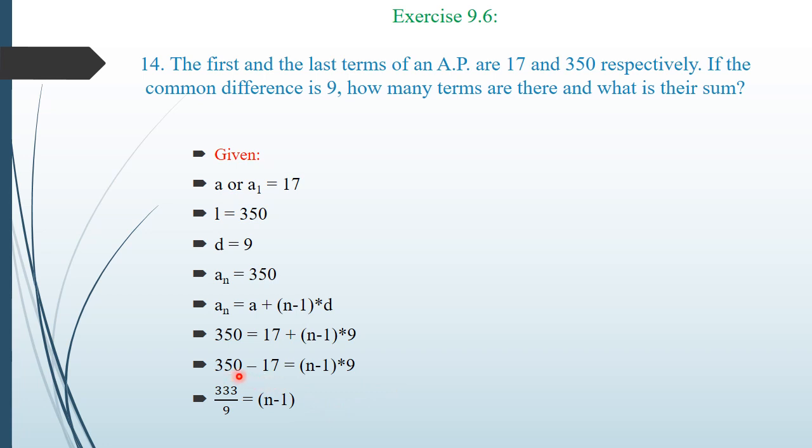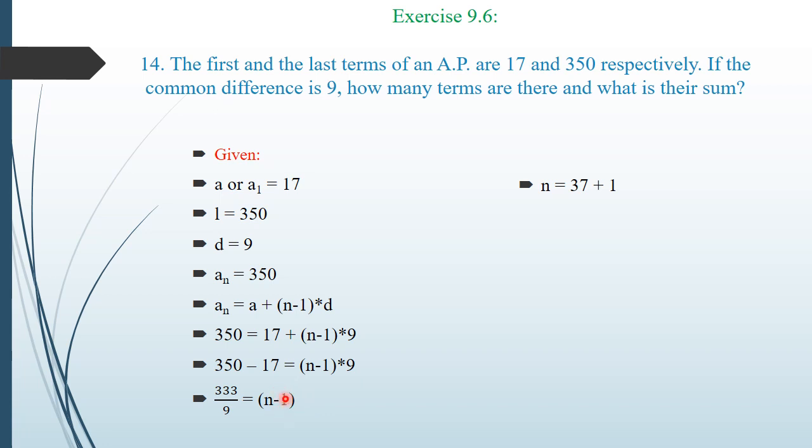Further simplifying, 350 minus 17 is 333, and I'll take this 9 with multiplication on its left side, that is going to come down, and it will be division here when it comes on the other side of the equal sign. Therefore, n minus 1 equal to 333 divided by 9, which will give me 37.